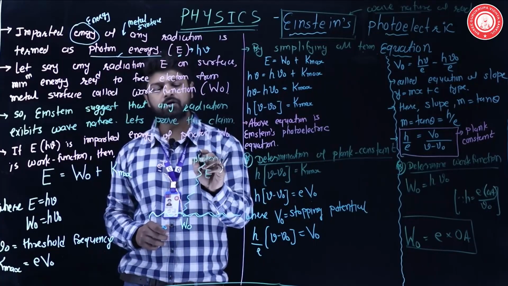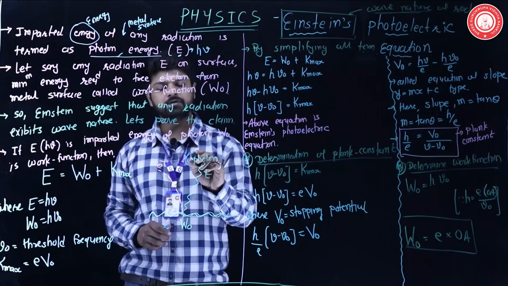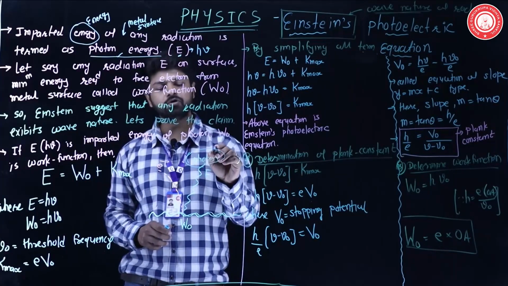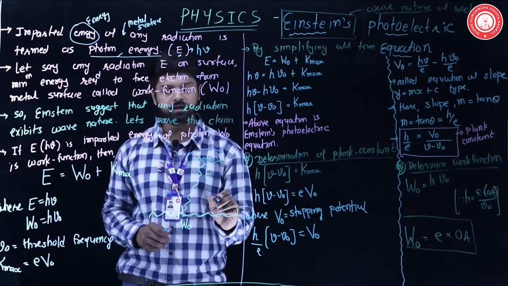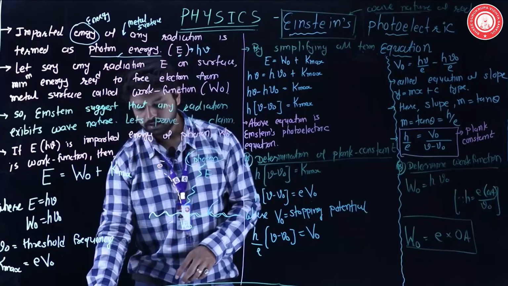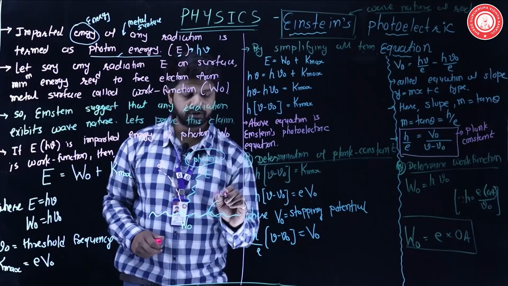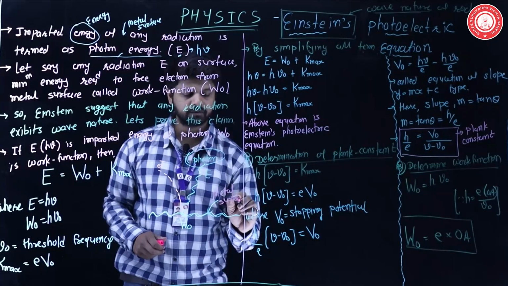See, I am drawing one photon over here, which means the photon is imparted on this metal surface. I am showing the metal surface over here. This is said to be my metal surface.